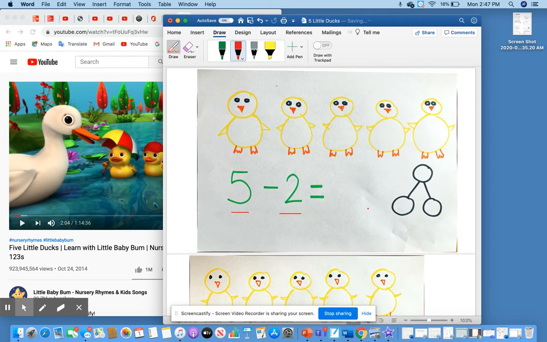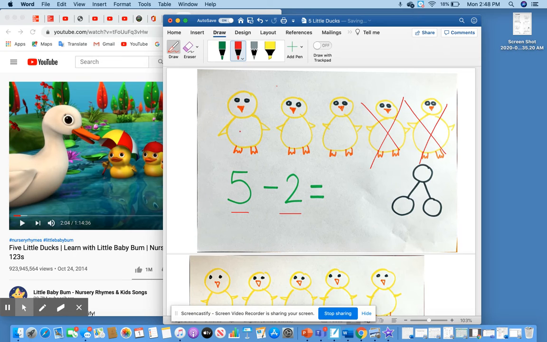So let's do the crossing out strategy to help us solve 5 take away 2. How many am I crossing off? I'm crossing off 2. Let's cross off 2 together. 1, 2. Okay, now I want to know how many ducks are left. Let's count the ones that are not crossed off.